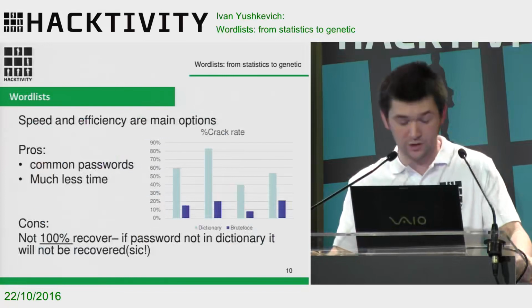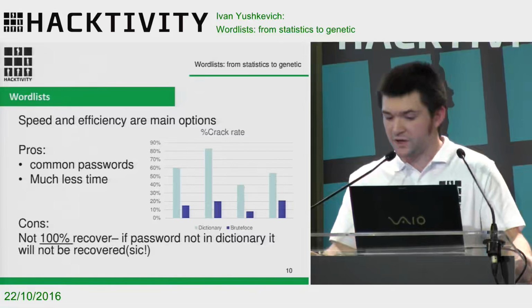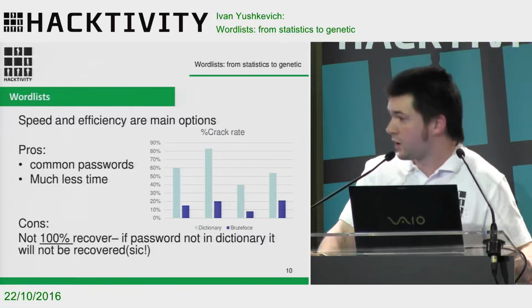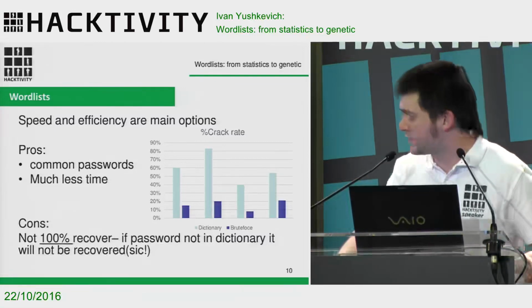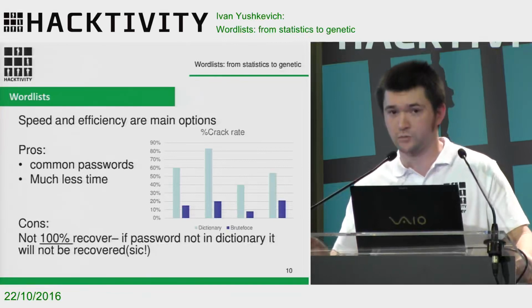Another popular method is wordlists. The main benefit is that they are small and have good efficiency. On this slide you can see the graph with the results of cracking some hash lists with a wordlist attack and brute force.